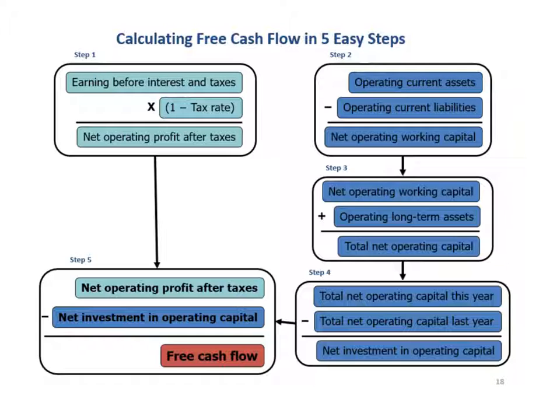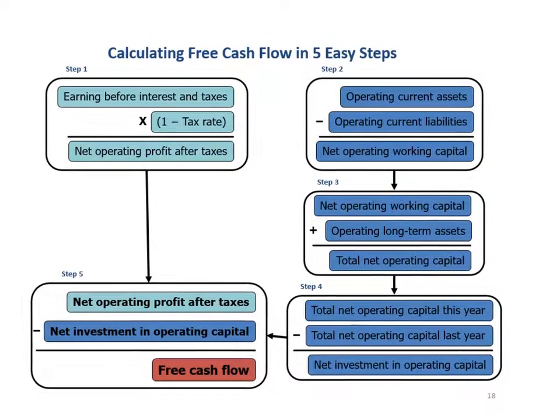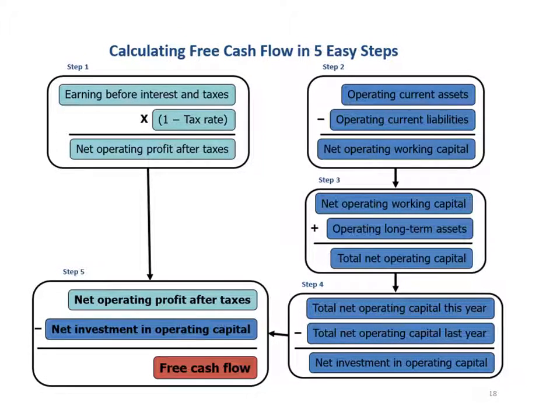Now, going back to this flowchart, for step 4, we are trying to calculate the total net operating capital this year, which is 2013, minus the net operating capital last year, which is the number we just calculated in step 3 for 2012.